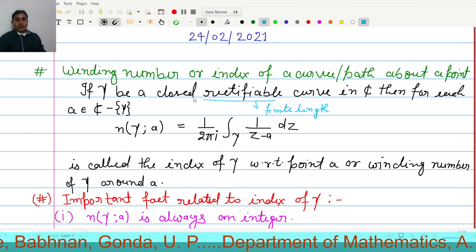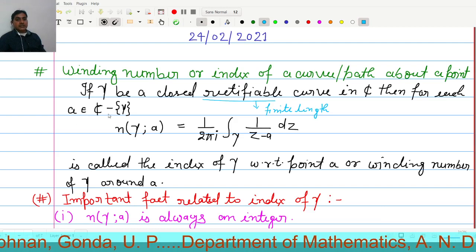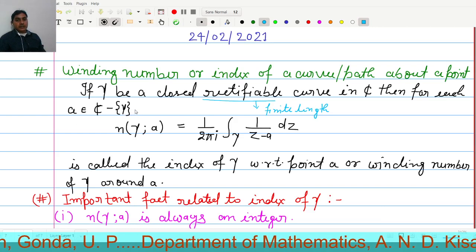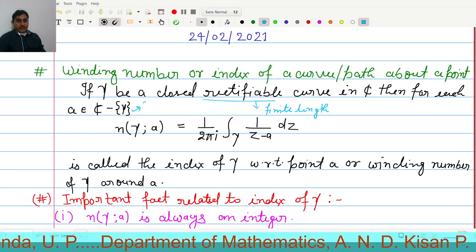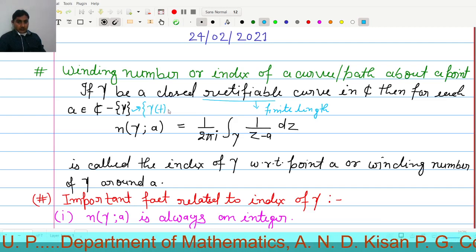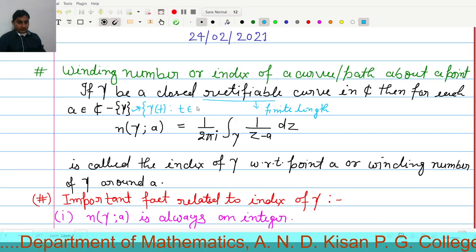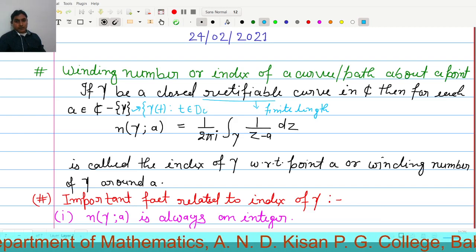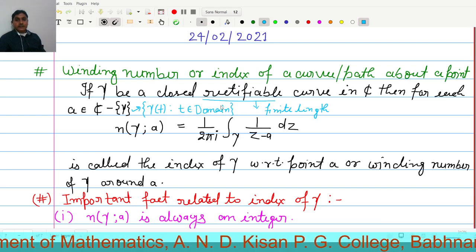So, if gamma is a closed rectifiable curve, then for each a in C minus trace of gamma. Here, trace of gamma is nothing but the set of gamma of t such that t belongs to the domain, whatever the domain is.